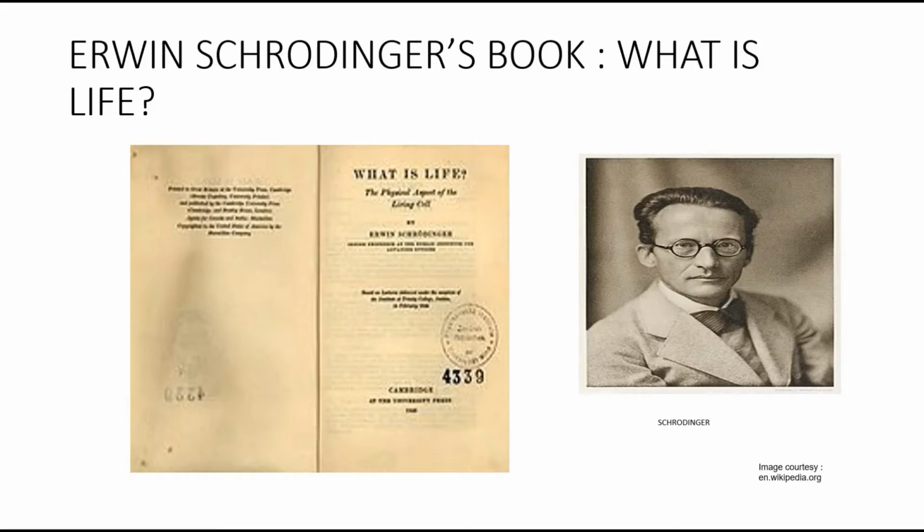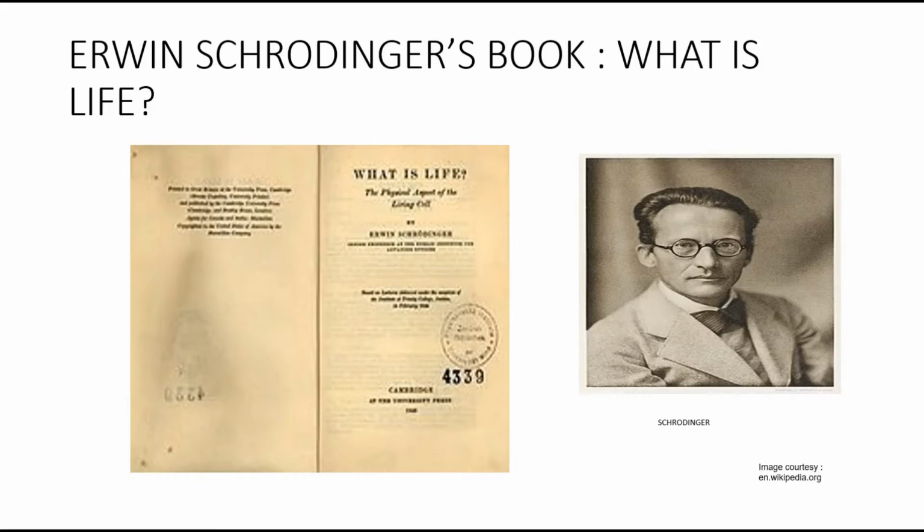Nobel laureate Erwin Schrödinger's What is Life? is one of the great science classics of the 20th century. It was written for the layman but proved to be one of the spurs to the birth of molecular biology and the subsequent discovery of DNA. The book focused on how the events in space and time which take place within the spatial boundary of a living organism can be accounted for by physics and chemistry.